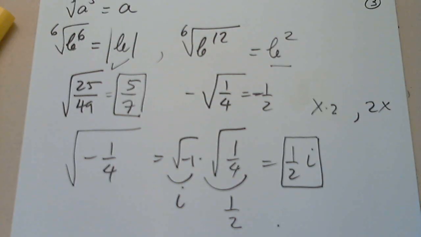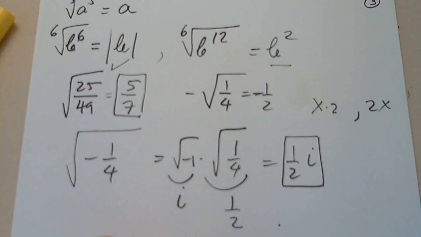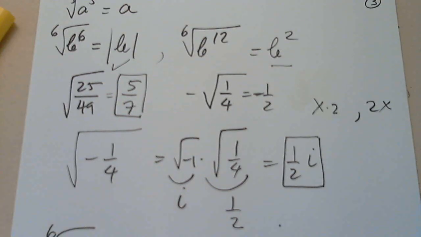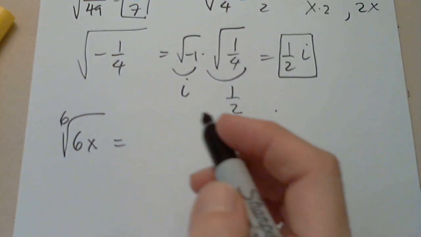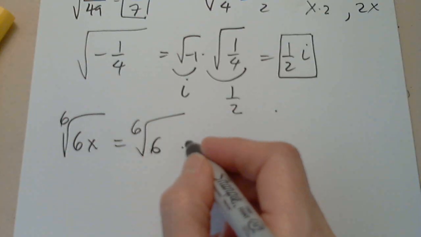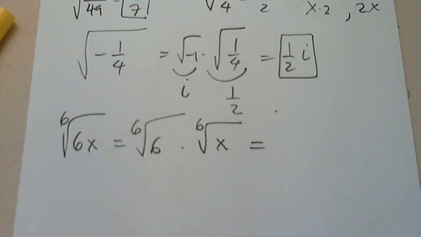Good. Now we're asked to convert the 6th root of 6x into a rational exponent situation. I recommend rewriting it first as the 6th root of 6 times the 6th root of x. Because if we don't, then we will have to write parentheses, and then we will have to split the parentheses. I think it's easier and better to split the radical from the beginning.